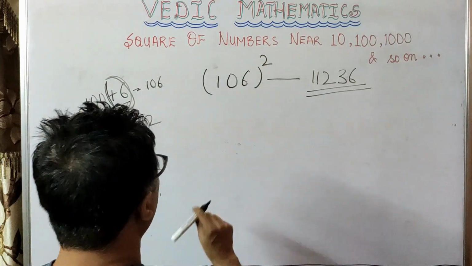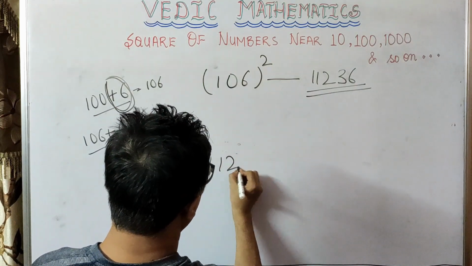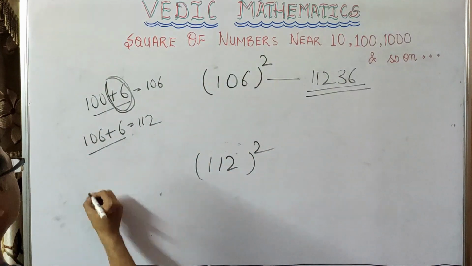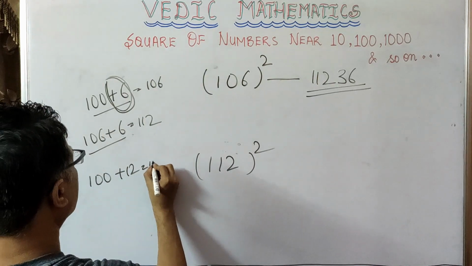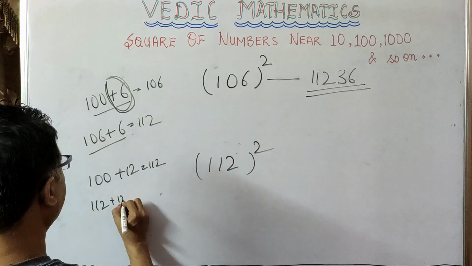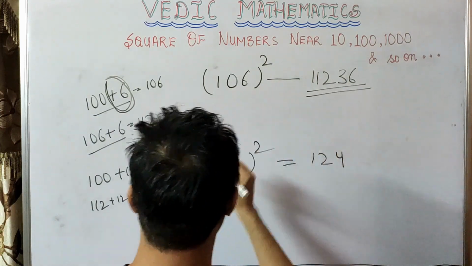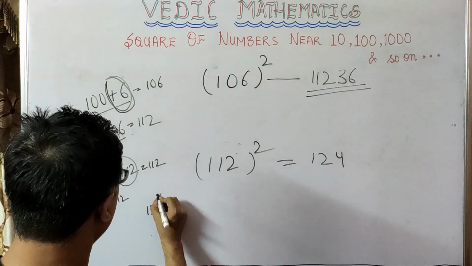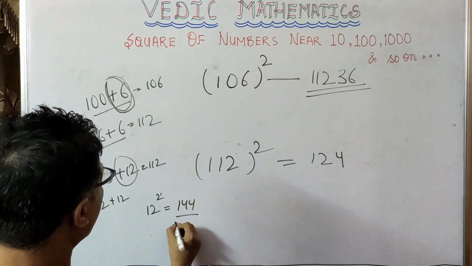Now, for example, what is 112 square? 100 plus 12 is 112. So 112 plus 12 is what? 124. And for the second part of your answer, 12 square. You square this, which is what? 144.